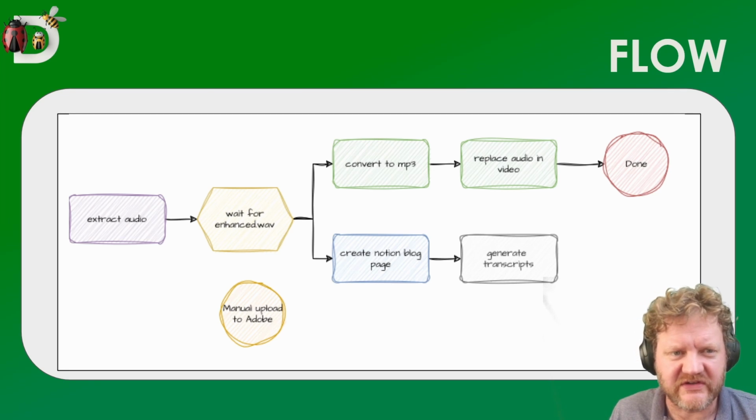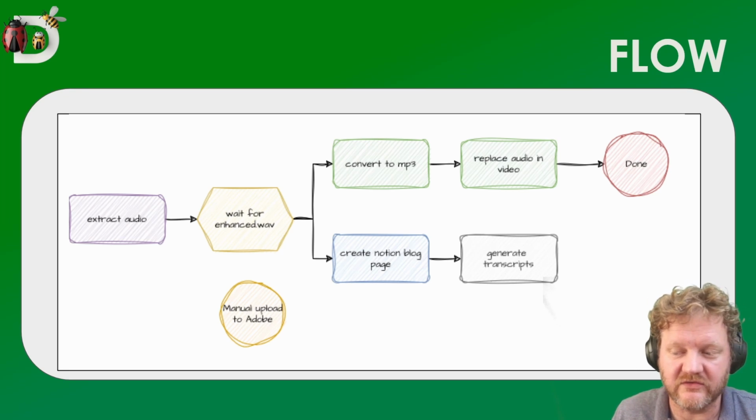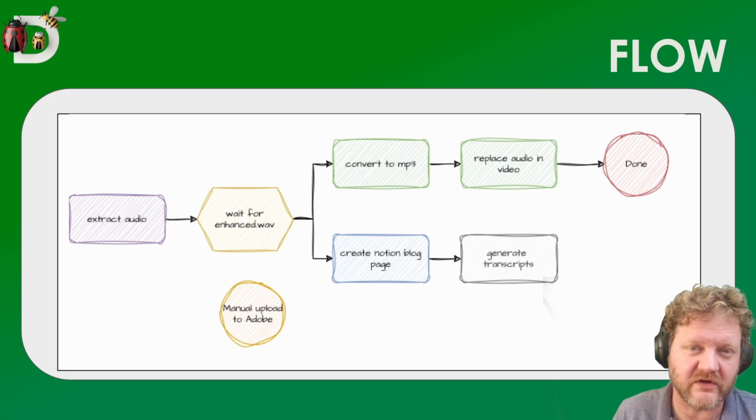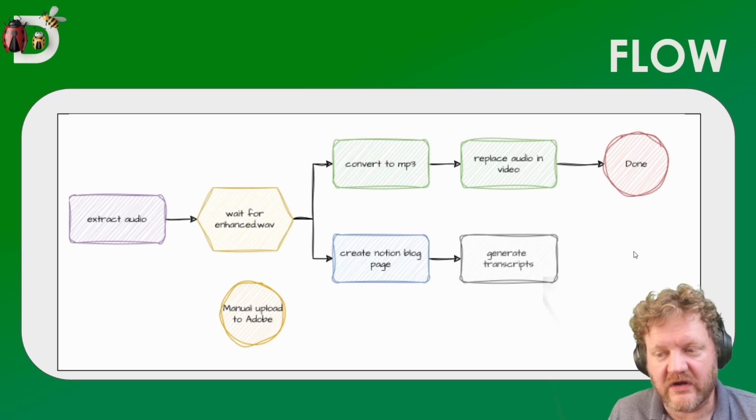People watching it without audio could do that, or people with a hearing impairment could still read what I do, or people that prefer reading over podcasts could also still view what I create.